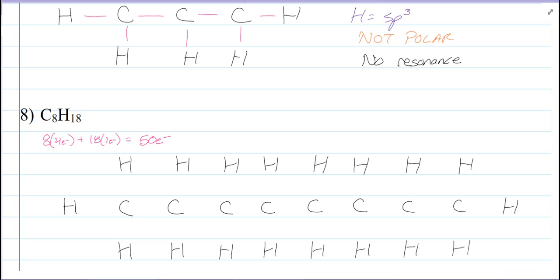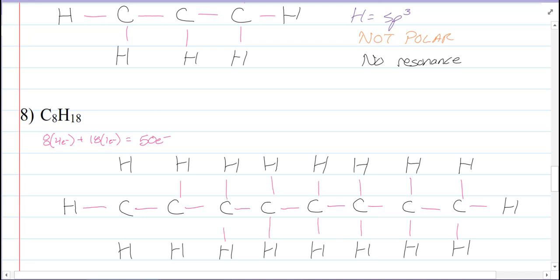Now this is not the octane in gasoline, it's mostly isooctane. Since it's isooctane, let's say you take the last 3 carbons off, break this bond, and put them in the middle.